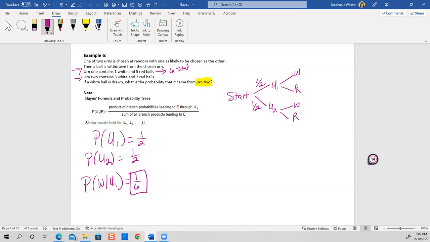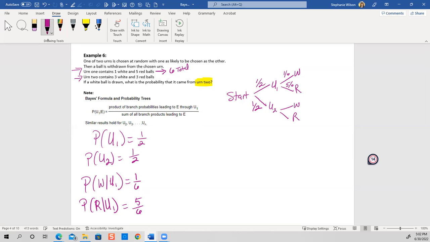Okay, so then now let's figure out what is the probability that the red occurs in urn 1. Well, there's how many reds? There's 5 reds and there's a total of 6 in there. Oh, and we need to put these on our diagram here. So we got 1/6, 5/6. That was the whole point. Put it on there.